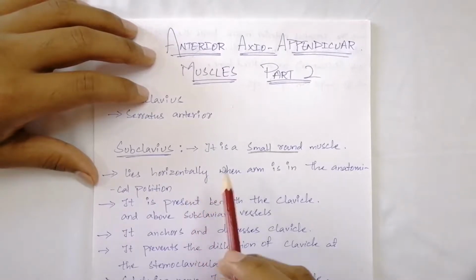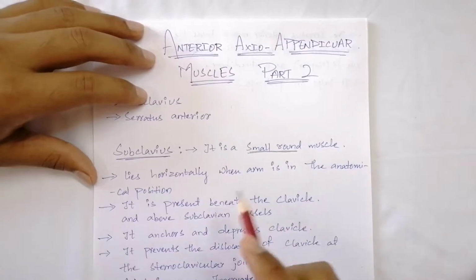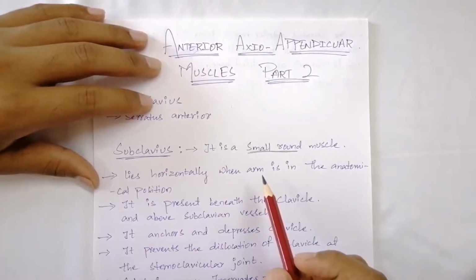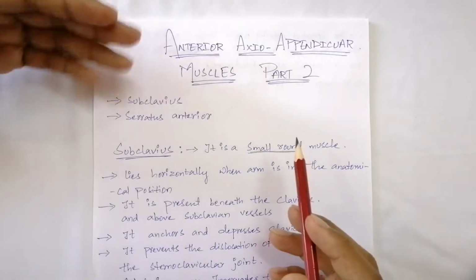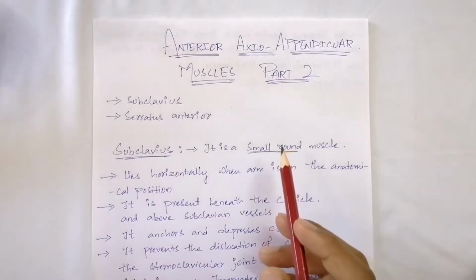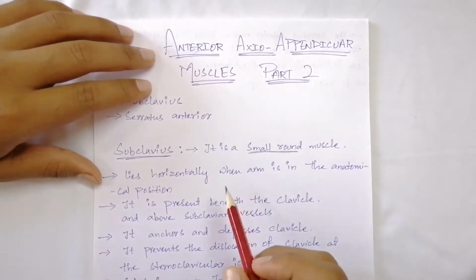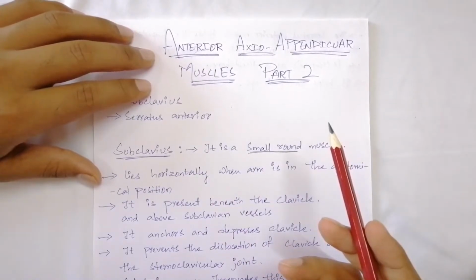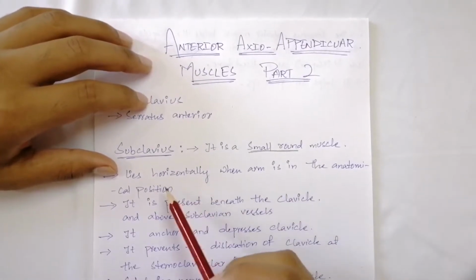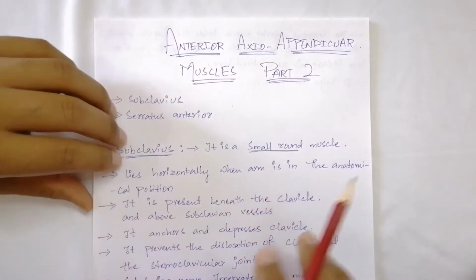It lies horizontally just beneath the clavicle, and its origin is from the first rib and the costal cartilage of the first rib, and the insertion is on the inferior surface of the clavicle, at the middle third of the clavicle. If you divide the clavicle into three equal parts, the insertion will be in the middle part of it.